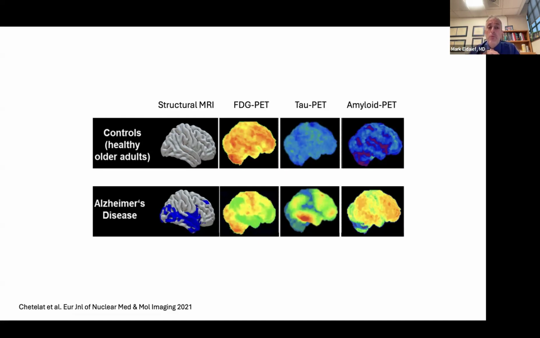By the way, we have other ways of detecting amyloid in the brain without doing a PET scan. You can also do this with a spinal tap and looking at the spinal fluid. And most recently, we just started using blood tests to detect amyloid in the brain. So I think spinal taps are going to go out of style because we have these two other ways of finding amyloid.